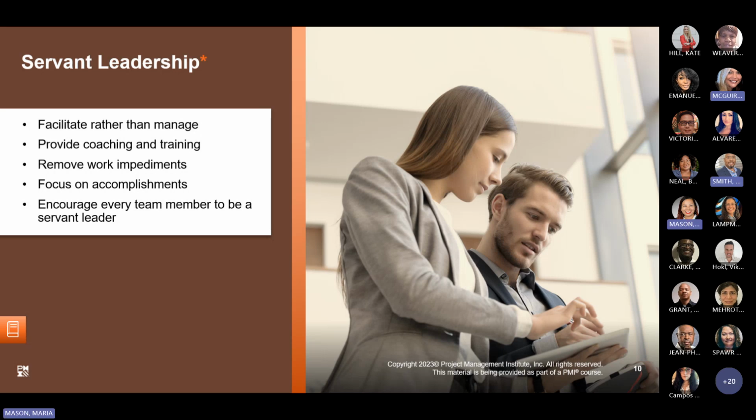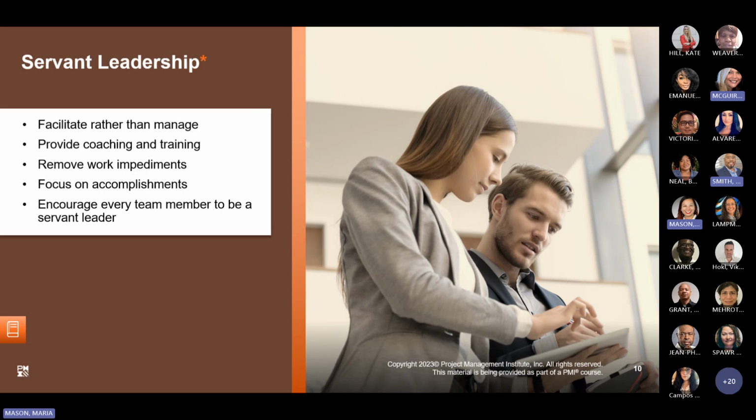It's basically taking the team and thinking through all of their needs and making sure that the development of the team members is there. And so as a project manager, it's less about managing projects and teams and more about trying to keep the project on plan, keeping the team in line.